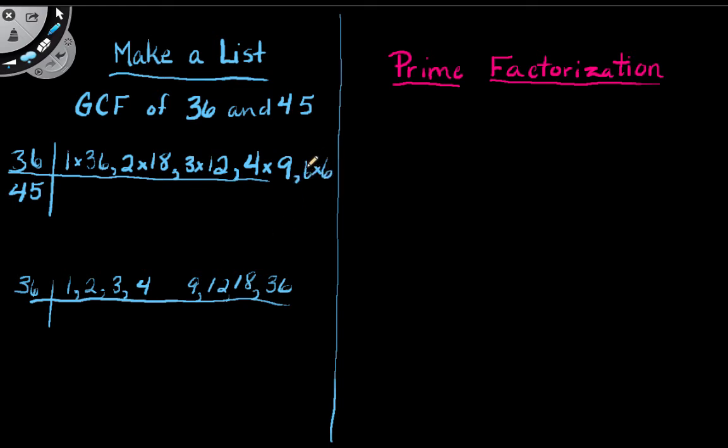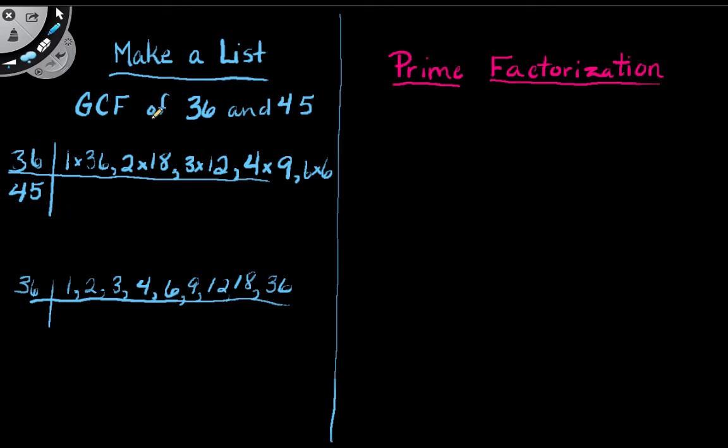And if you have a number that's multiplied by itself and you're making a list like we're making down here at the bottom, you only have to write that number once. So we have 1, 2, 3, 4, 6, 9, 12, 18, and 36 for the factors of 36.